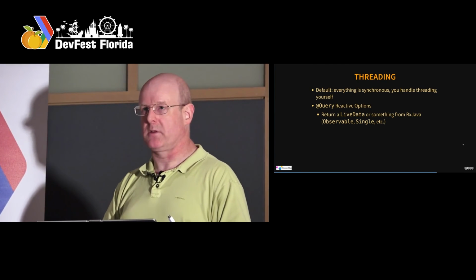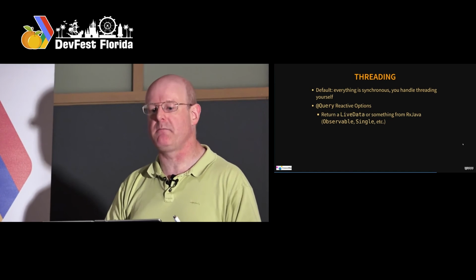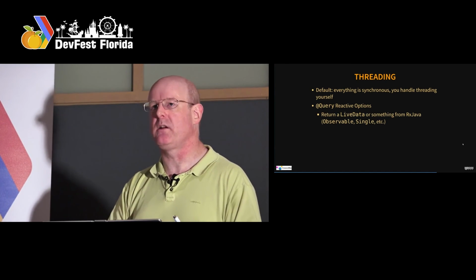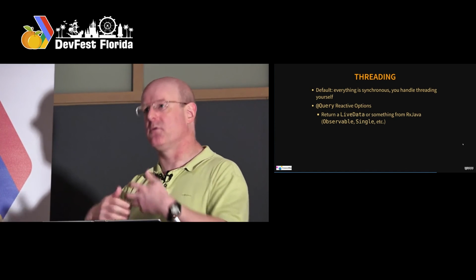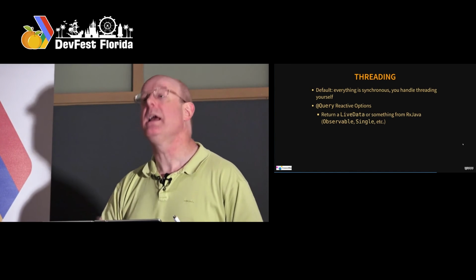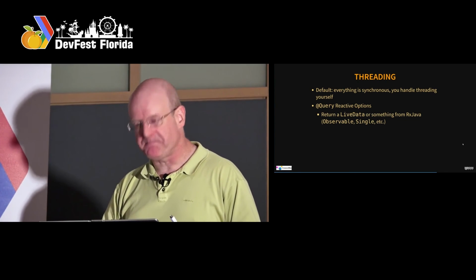Reactive Java is much more likely to be useful for you. You can wrap your return values from the query annotated methods in Observable or Single or Maybe or any of those other reactive types, and Room will generate the appropriate code, and in those cases your query method returns immediately.